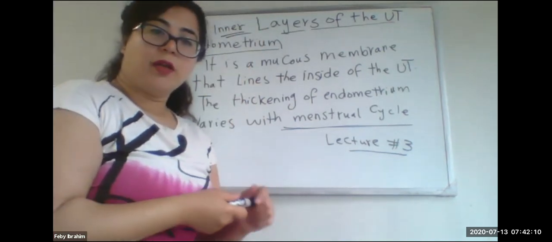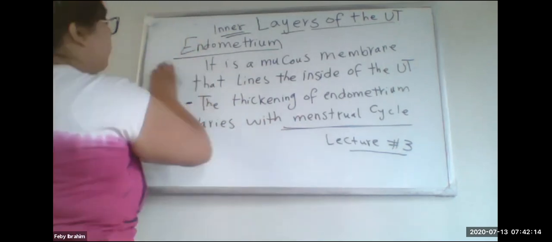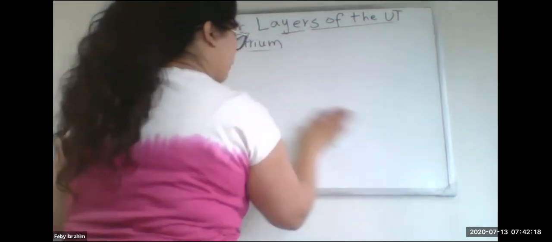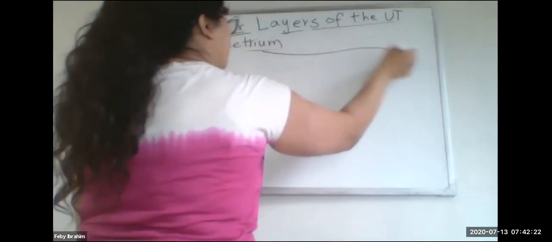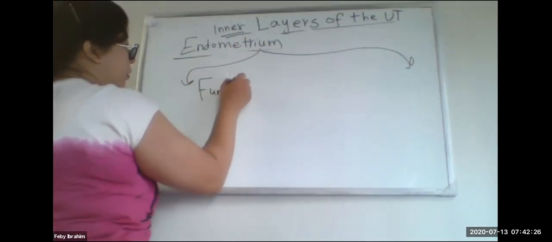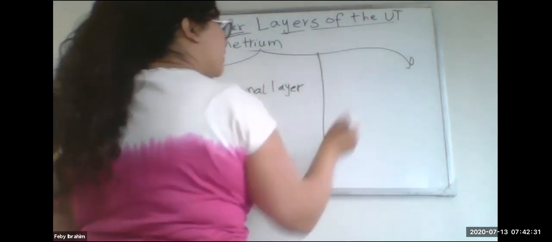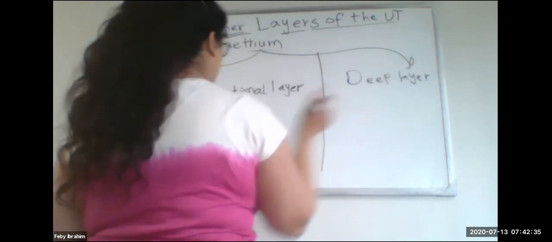Okay, the endometrium has 2 layers. Let me write it down for you. One is called the functional layer, and the other one is called the deep layer.